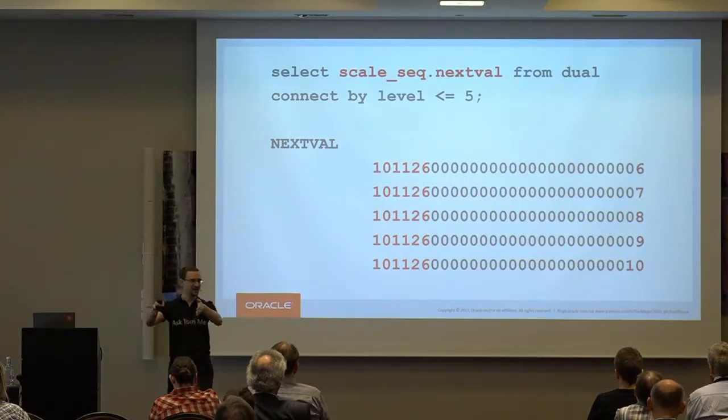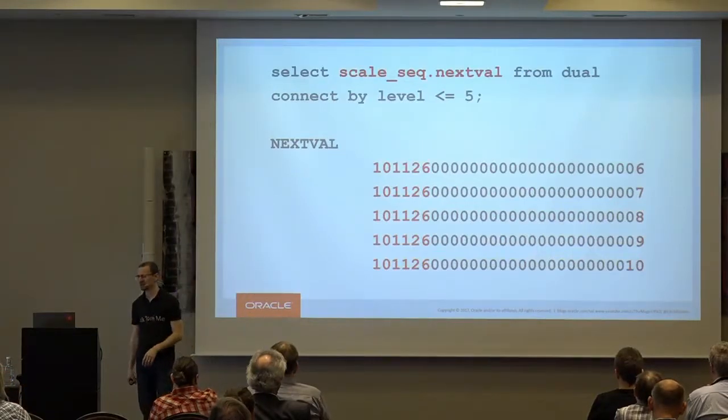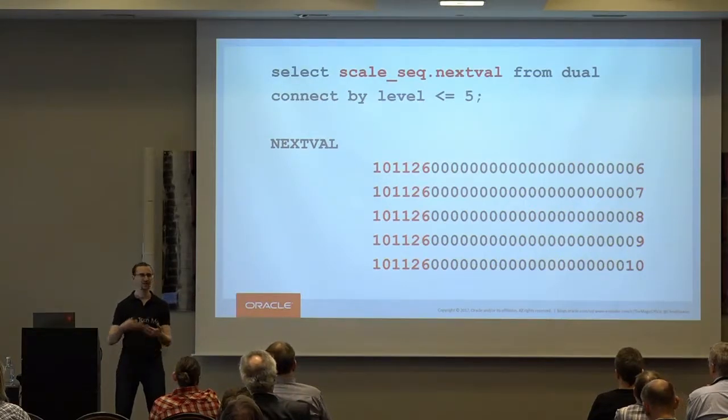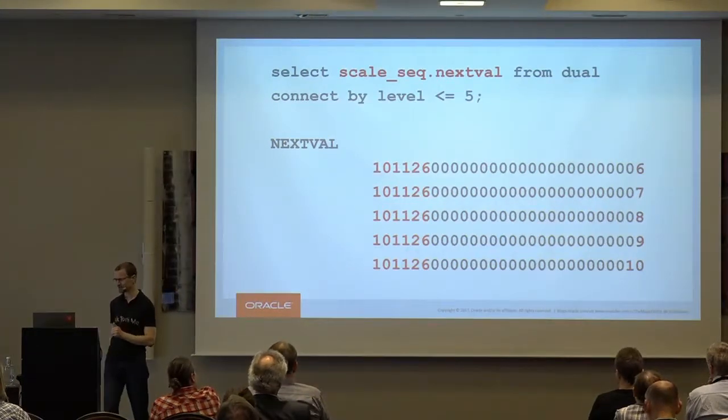And if all you do is make a 7-digit sequence number, you only get the values 1 to 9 out of your sequence. So this probably isn't going to be too much of an issue for most of you, but if any of you have max value set on your sequence and you're using it to cycle round or something like that, just watch out for it. So something to be aware of.